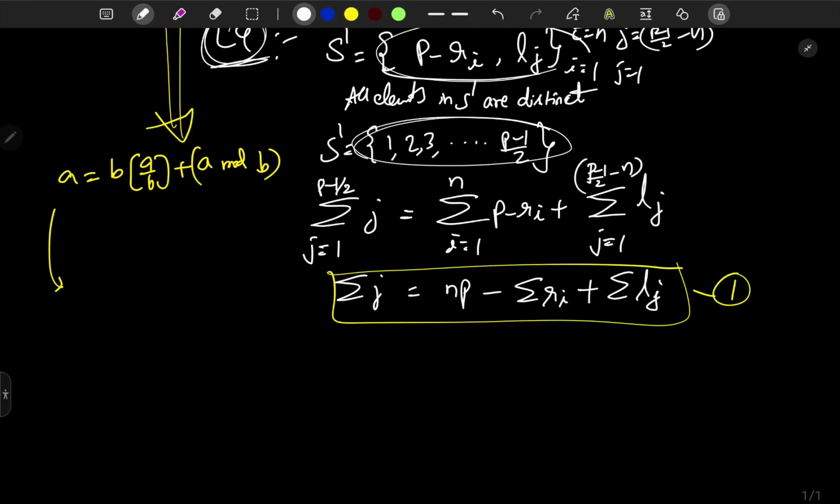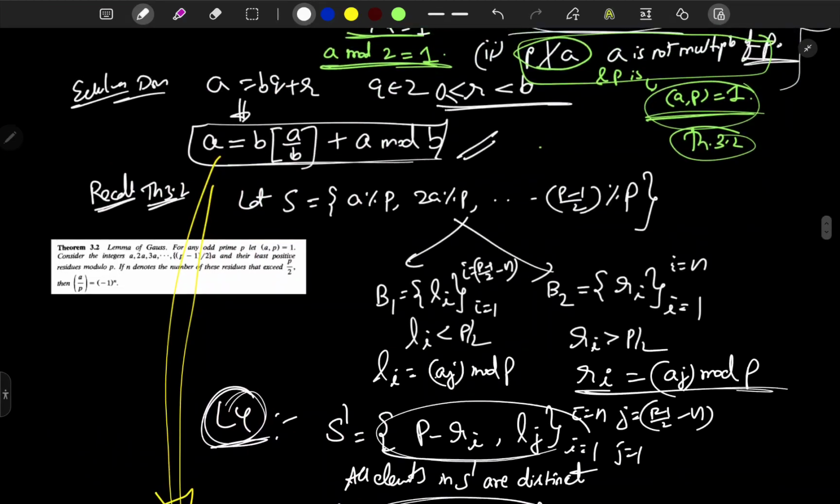From this, what I can write is, let me take a in this format: sigma aj. Here I mean a equals sigma of aj. What is a here? According to ours, this a I am saying.